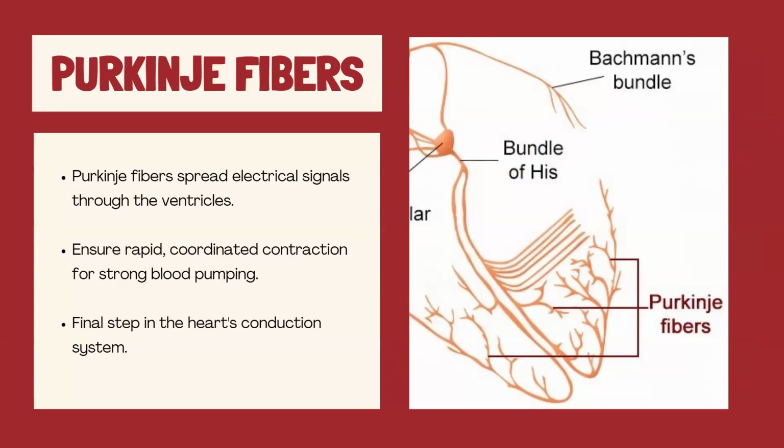It's also the final step in the heart's conduction system. And the reason you don't see a structure like this in the atrium is because the atria don't need to contract that hard, right? They only need to pump blood into the ventricles. It's actually the ventricles that do all the work and pump the blood throughout your entire body.